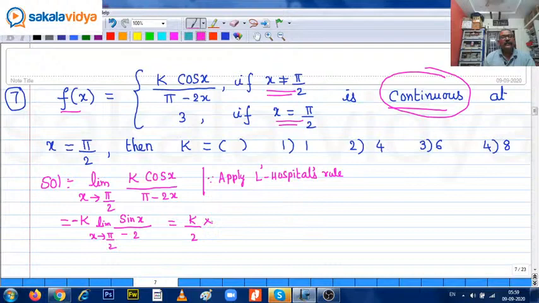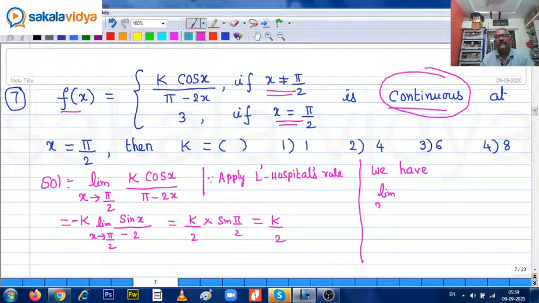And sin pi by 2 is 1. So k by 2. Since it is already continuous, we have limit x tends to pi by 2 of f of x must be equal to f of pi by 2.